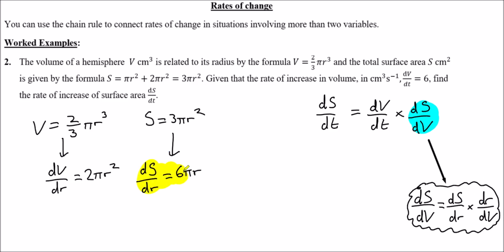That's fairly good. So I know that's 6 pi r. And dr by dV is going to be a reciprocal of dV by dr. So from this we can just reciprocate that and say dr by dV is going to be 1 over 2 pi r squared.